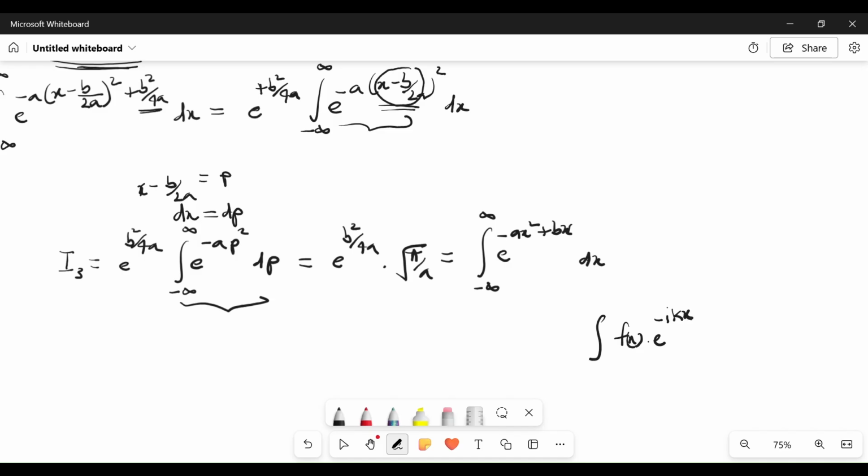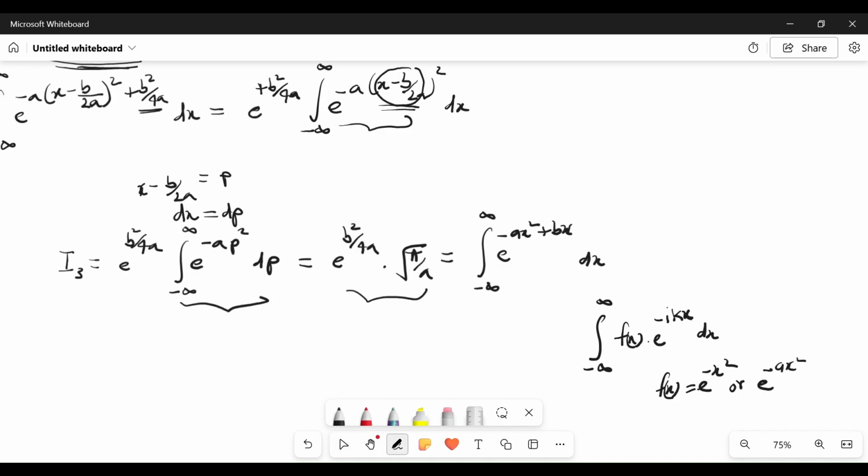If the limits are minus infinity to infinity, and f of x is e raised to minus x square, or in the form of minus ax square, then you can directly apply this formula.